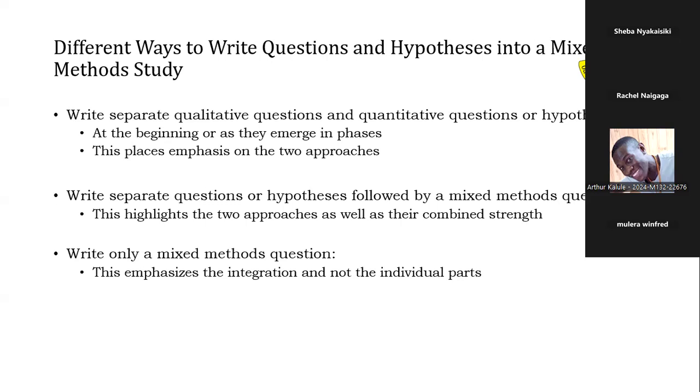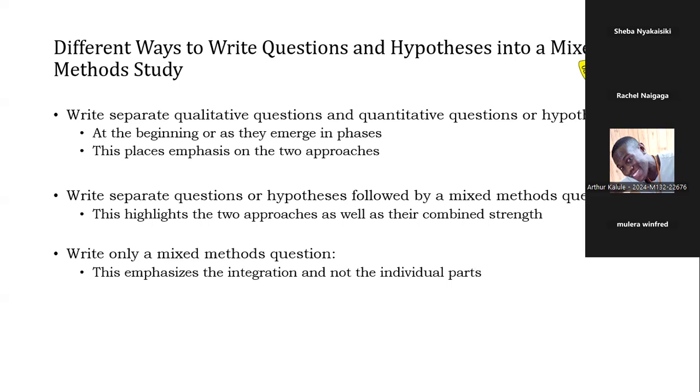For example, in Brian's case, when he asked, if I'm doing research on online learning and increased learning experience, I may have the research question asking, do online tools increase the learning experience of online learners? That is a typically quantitative research question.